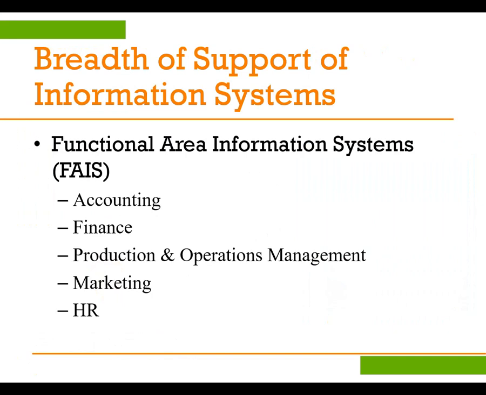One of the terms you'll hear talked about, you may see as an abbreviation, is FAIS, and in business we like to abbreviate stuff a lot and create acronyms. A functional area information system, the concept there is that each of our different departments in a business, such as accounting, finance, marketing, HR, they each have some unique requirements.